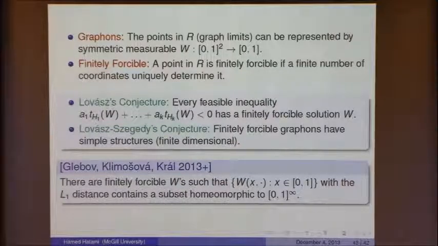Let's look at the rows of W. For every value of x, let's look at this function W_x, a function of the second coordinate. So you get this set of functions, and let's endow this space with L1 distance. W is like a matrix, but over [0,1].